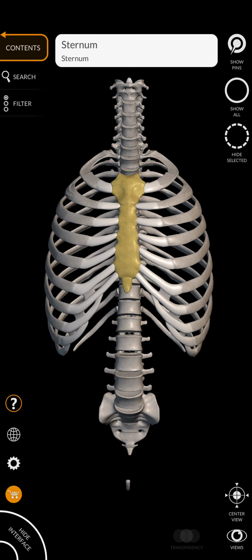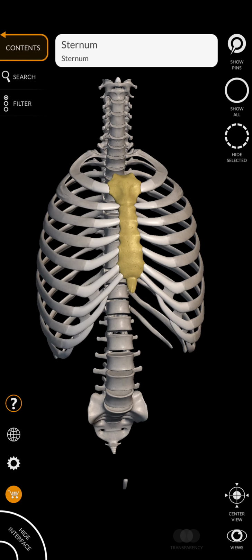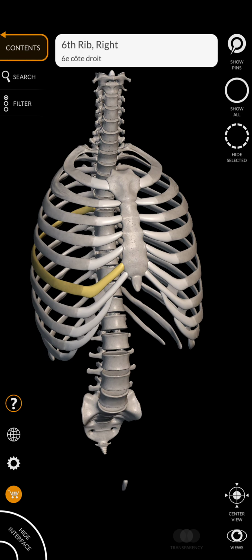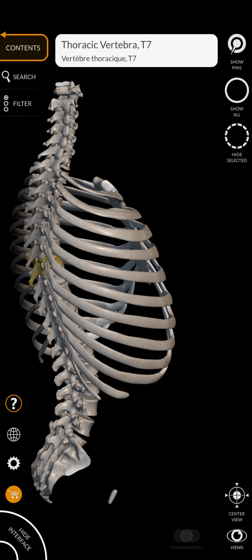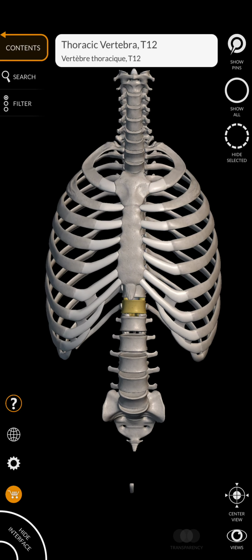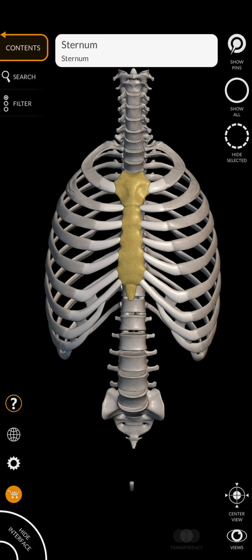Here we have the sternum. So this is the first one. And then we have the 12 ribs with the costal cartilages. And then we have the 12 thoracic vertebrae, from T1 till T12. So today I'm going to be focusing on the sternum.